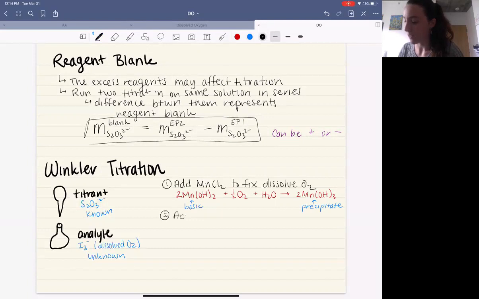Then you will acidify and add some more iodide, and that's going to help form our triiodide analyte. Okay, so we're going to take that precipitate that we just formed, react it with some of that excess iodide and our acid.